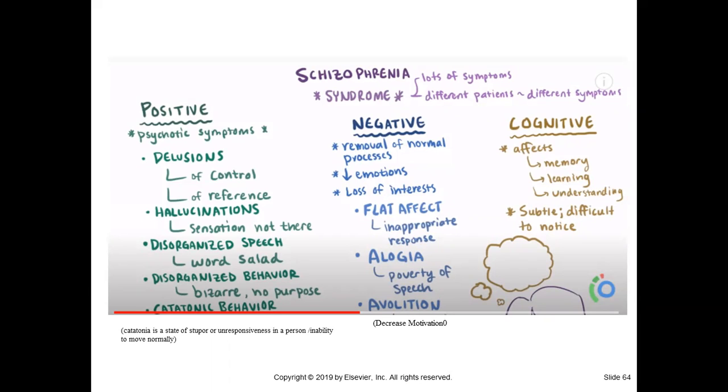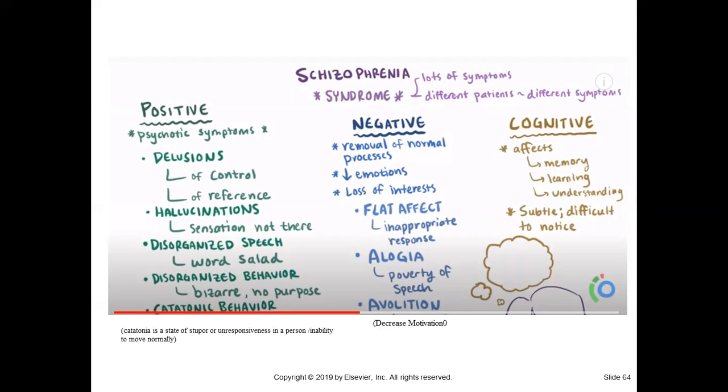If I summarize, the negative symptoms are absence of things that are normally present, like affect, which we call flat affect, or alogia. Alogia means decreased thoughts or decreased speech, lack of energy, lack of pleasure, lack of motivation.